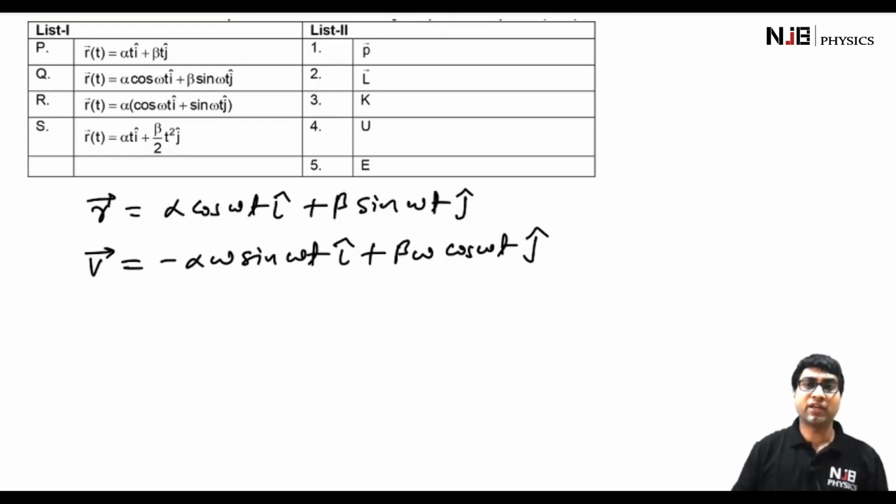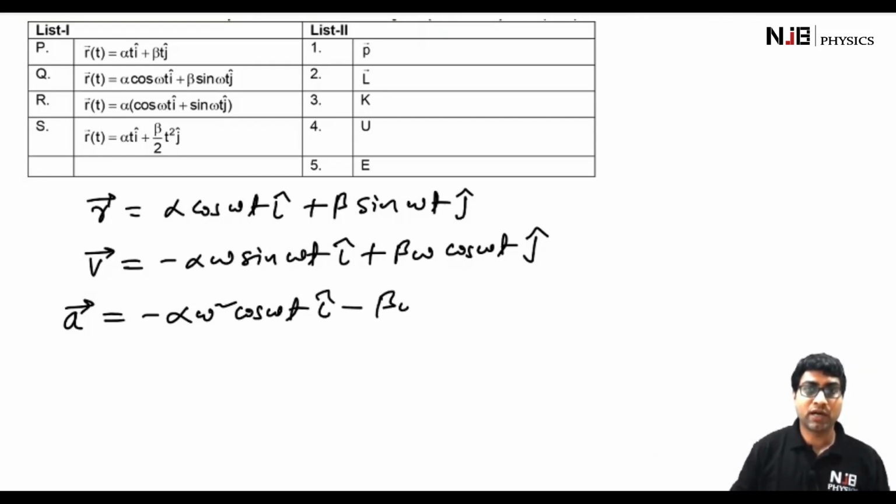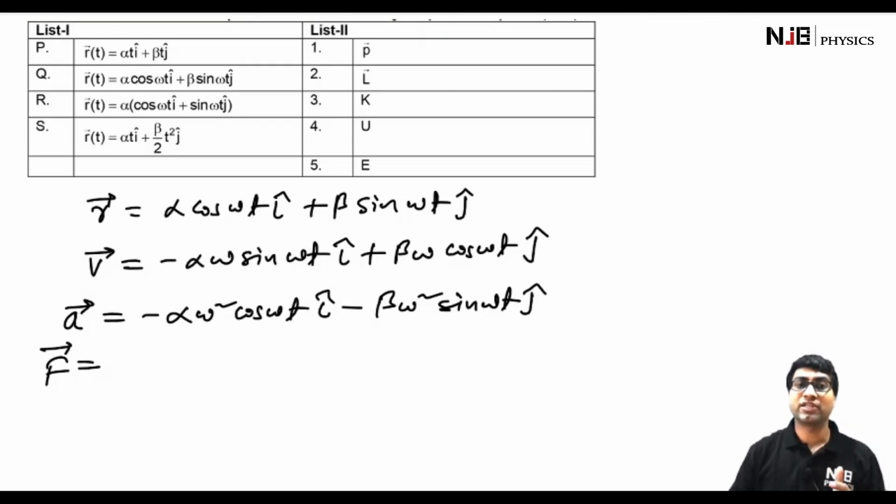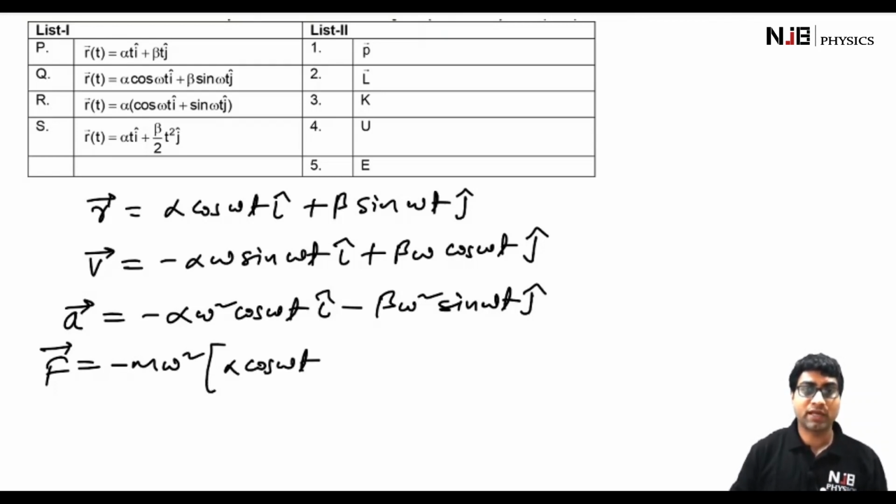And if we again differentiate it, we get acceleration vector, which will be equal to minus alpha omega square cos omega t i cap minus beta omega square sine omega t j cap. So this is going to be the acceleration vector, and if you want to find out the force vector, we just have to multiply this acceleration with mass, and it will become minus m omega square, in bracket, alpha cos omega t i cap plus beta sine omega t j cap.